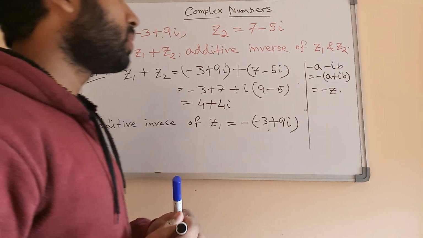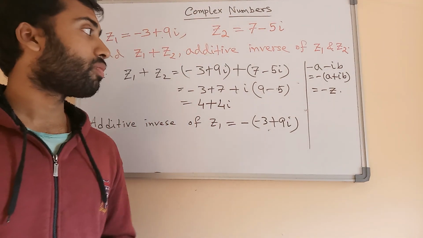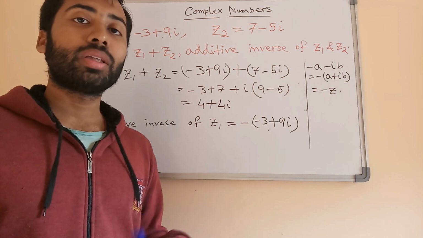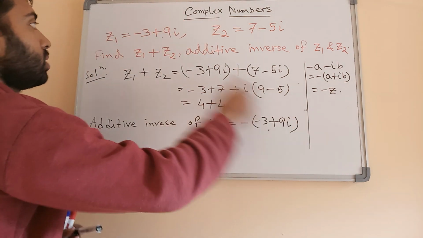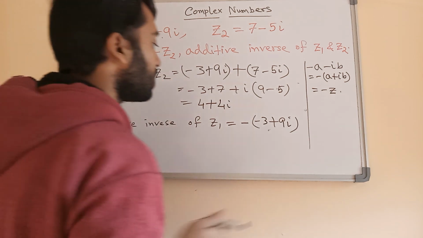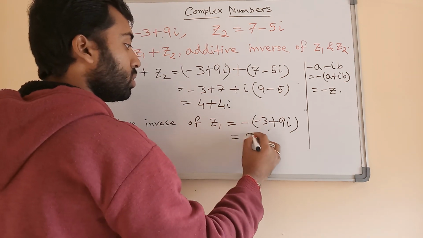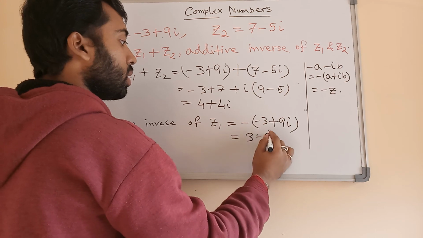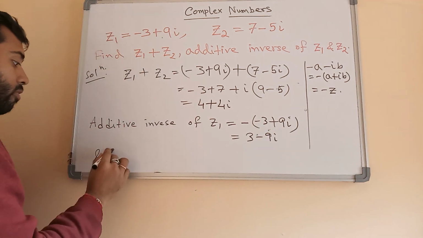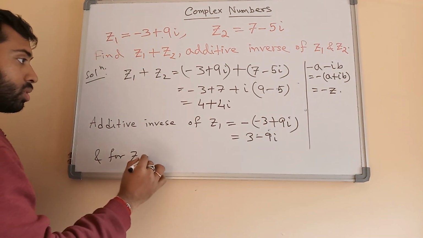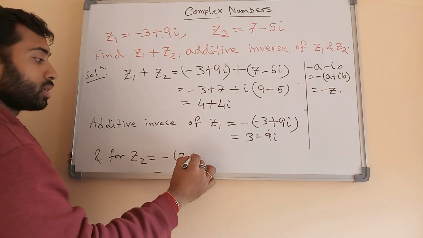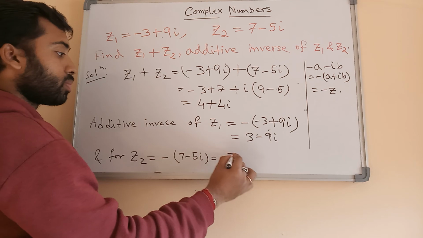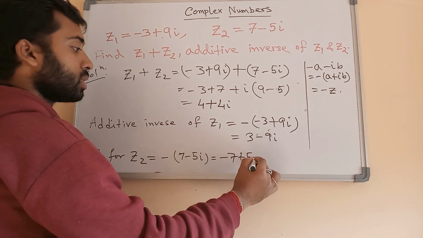So we can find the additive inverse by taking the negative of the given complex number z. So that is negative of z1, minus 3 plus 9i, that is equals 3 minus 9i. And for z2, this is minus of 7 minus 5i, that is minus 7 plus 5i.